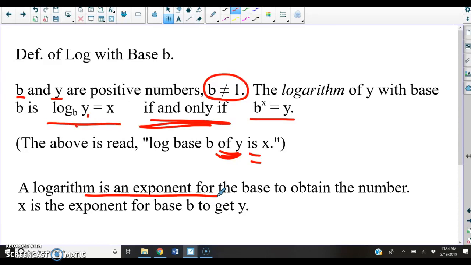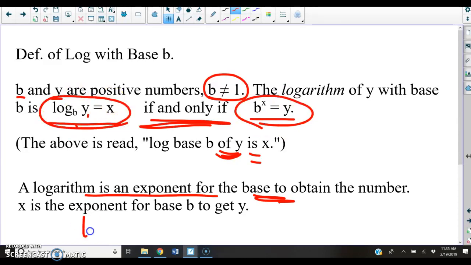Well, let's expand that. The logarithm is the exponent for the base to obtain your number. So when we see that written out this way, log base b of y is x means x is the exponent for my base b to get y.